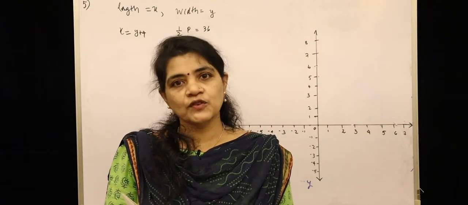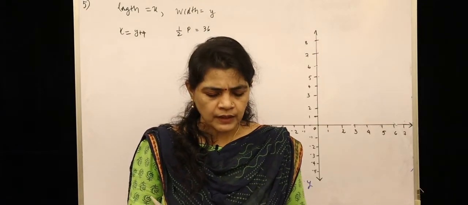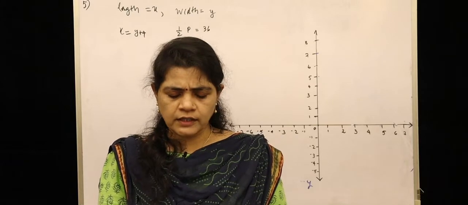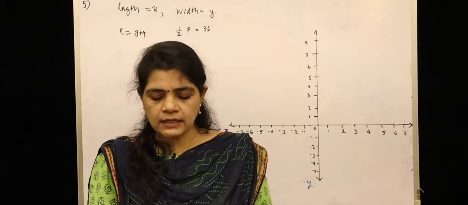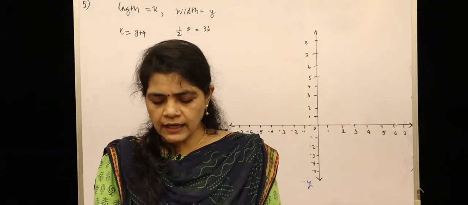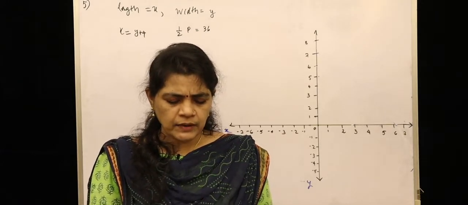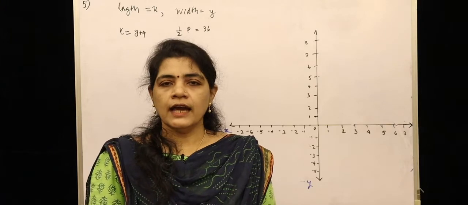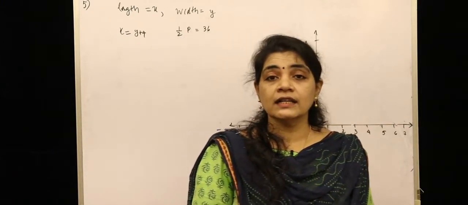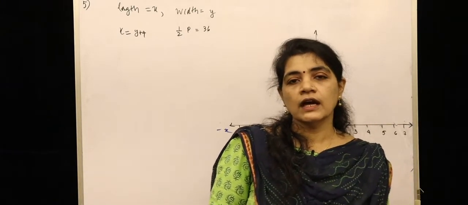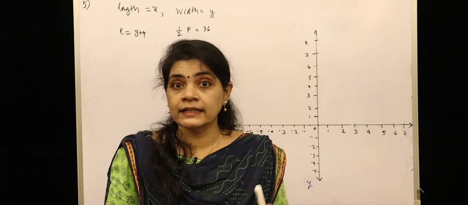Now we are solving the fifth question, a very important problem. Half the perimeter of a rectangular garden whose length is 4 meters more than its width is 36. Find the dimensions of the garden. Being a rectangle, that is a two-dimensional figure, it has only length and breadth.